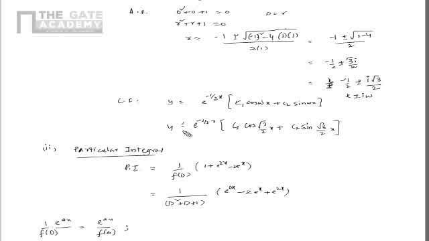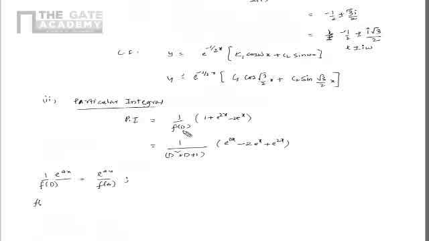And if f(a) comes out to be 0, then we get x into e power ax by f dash(a).